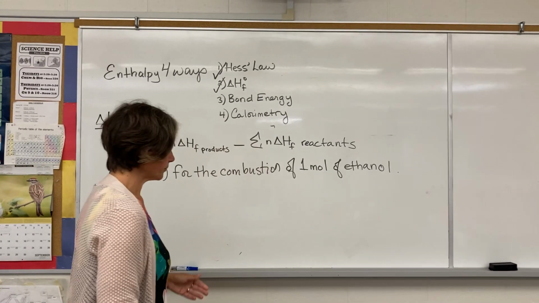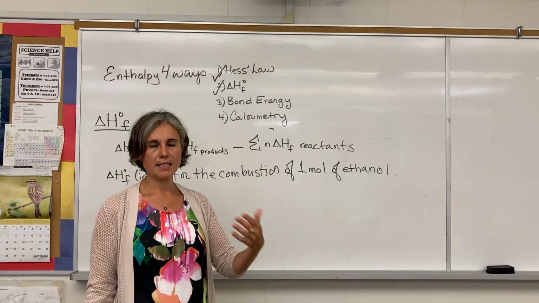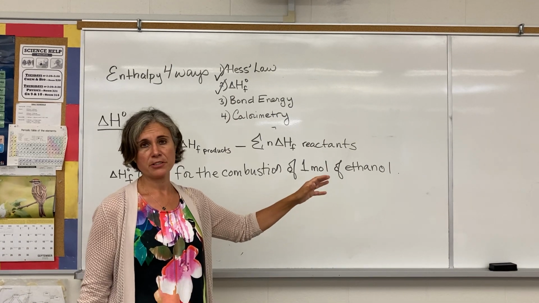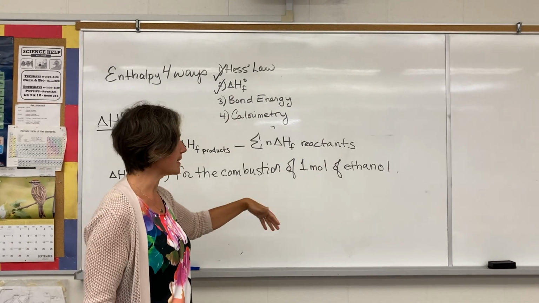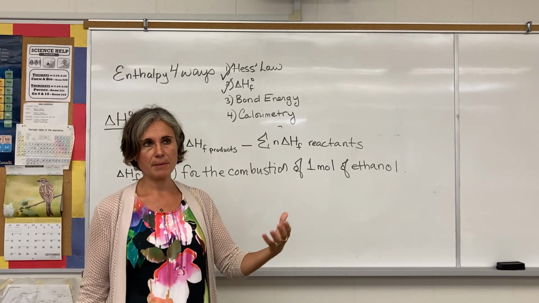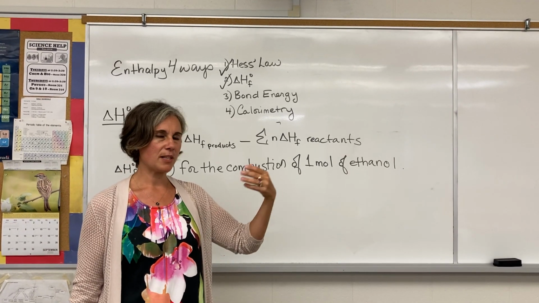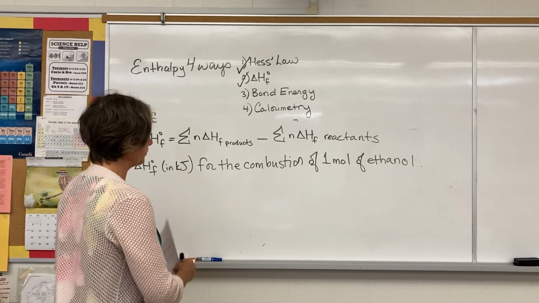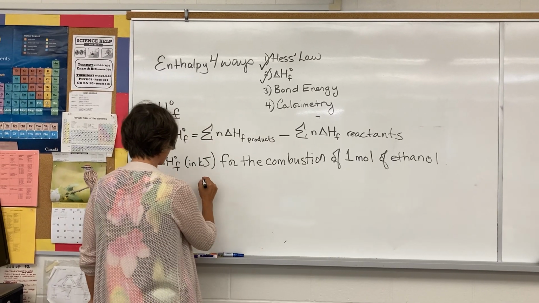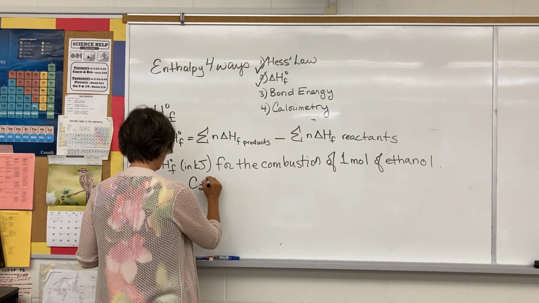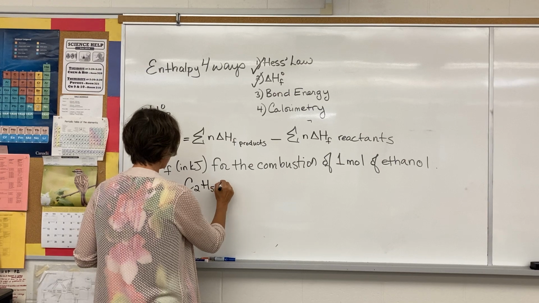Any combustion reaction, we're going to assume complete combustion unless we state otherwise. For any combustion reaction, the only term that changes in the balanced chemical equation is the fuel being burned. In this case, it's ethanol, C2H5OH.